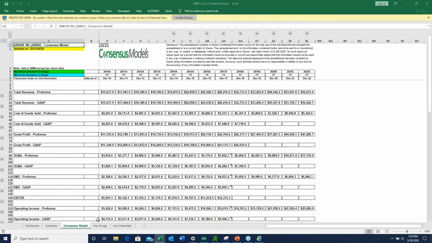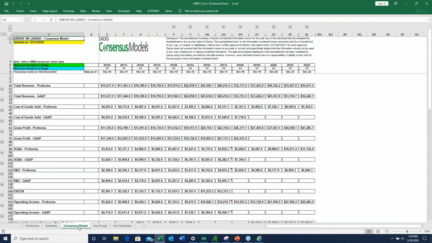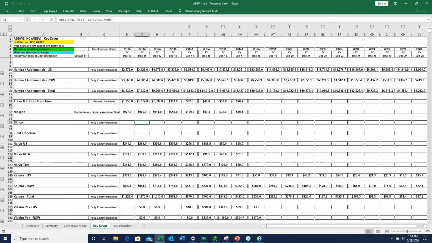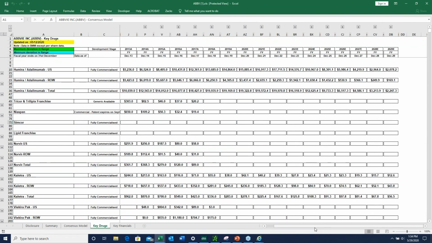So I'm going to go back into the key drugs tab. As we saw previously for Amazon, we had business segments. But since we're looking at AbbVie now, it's not going to be business segments. It's going to be labeled as key drugs. And this is the case for basically all pharmaceutical companies that we do this for. It's going to be all key drugs.